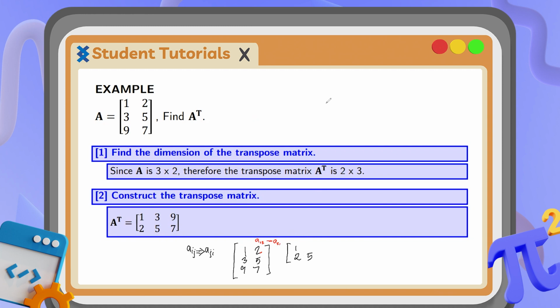And then 3 is A sub 2,1, which would become A sub 1,2, which would fall under here. Because this is, let's put it here, column 1, column 2, column 3. Then this one is row 1, row 2.